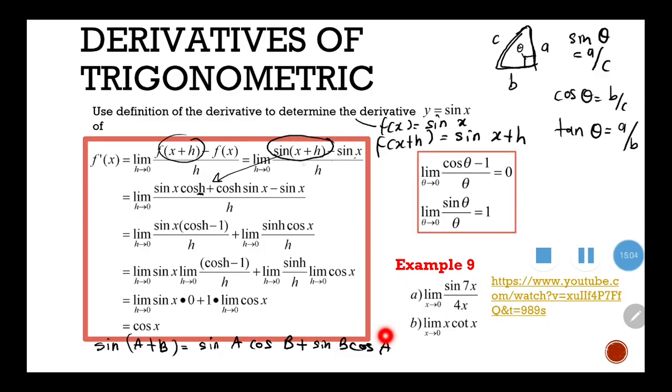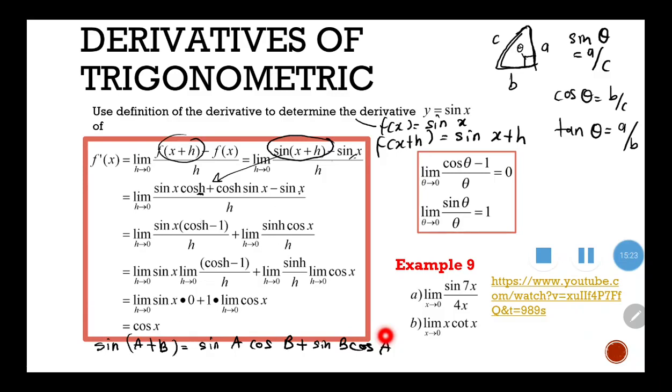So from sin(x+h), we can manipulate it to be this: sin x cos h plus cos h sin x minus sin x over h.